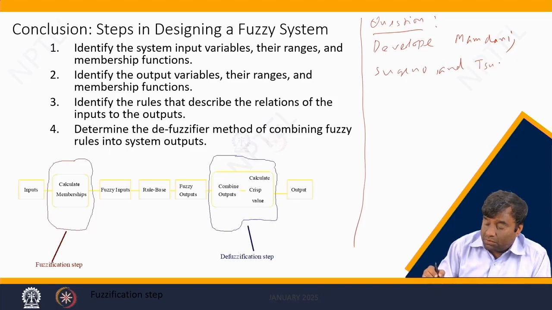Consider any proper example and try to develop Mamdani, Sugeno and Tsukamoto models. Thank you.